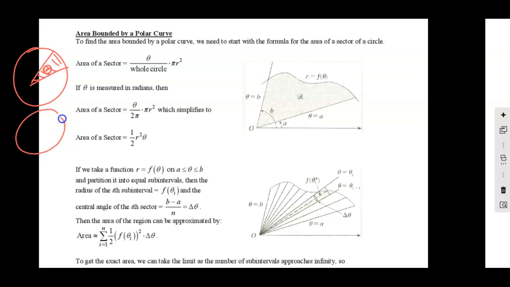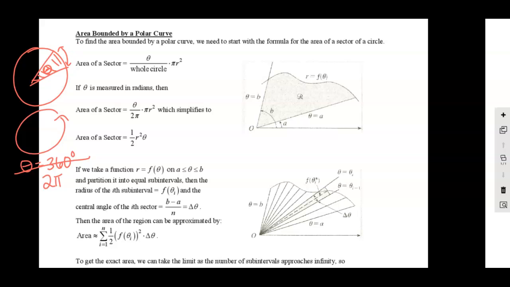We know the full way around the circle would be 360 degrees, but since we hate degrees, we know it's going to be 2 pi radians. And I could think about that area of that sector as just a certain percentage of the total. Like if this was 60 degrees, then all the way around would be 360, so it'd be 1 out of 6, because 60 out of 360 is 1/6.